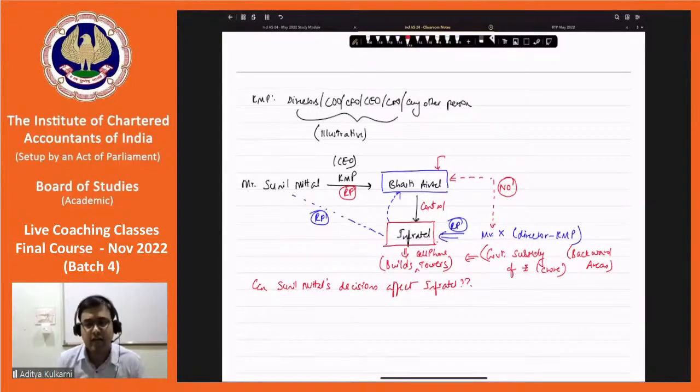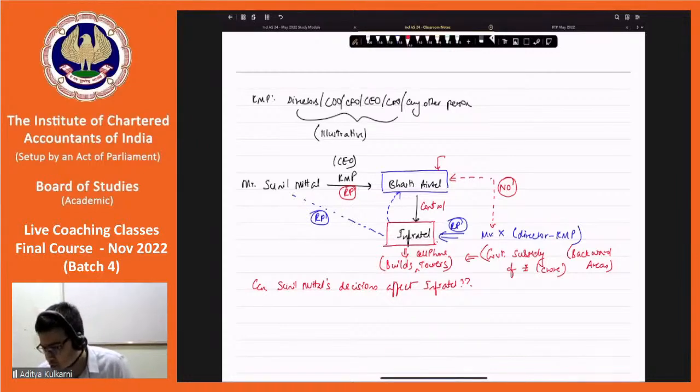And therefore, is Mr. X able to influence Bharti Airtel? Answer is no. And that is why there is no relationship between the parent and the KMP of the subsidiary of the parent. Is it okay? Tanushri, did you follow? Is the example clear now?